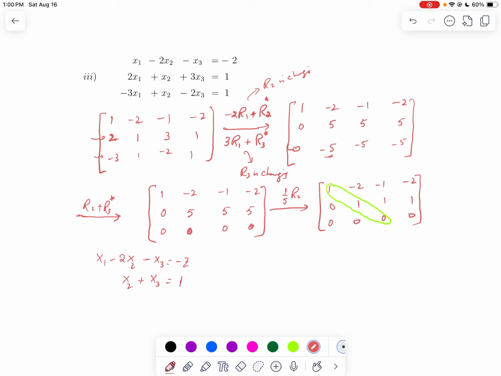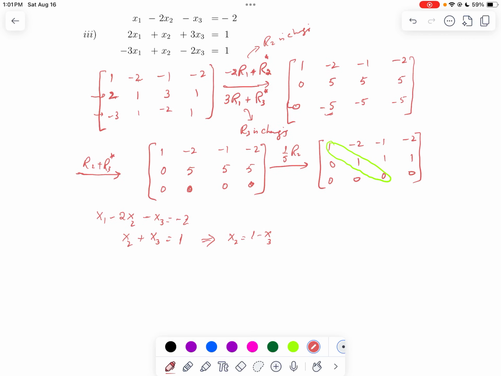So now you see we don't have a number exactly that we can write, but this is what we do here. We don't have, like in the first example, a specific value for x1, x2, and x3. But if you notice, from the second row I can write x2 equals 1 minus x3. So x2 can be represented in terms of x3.